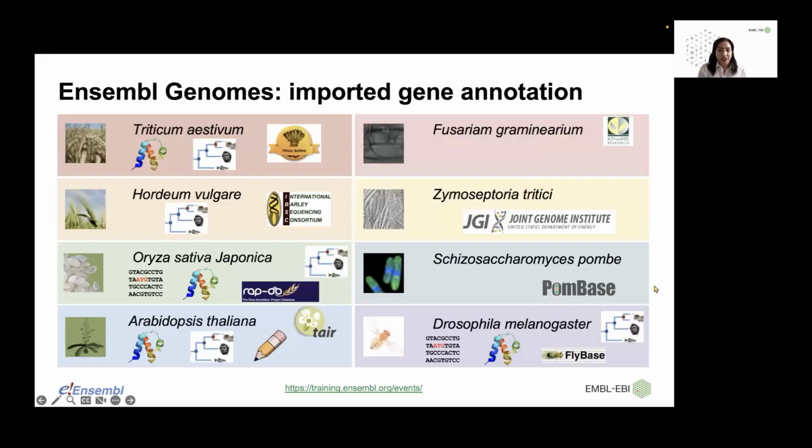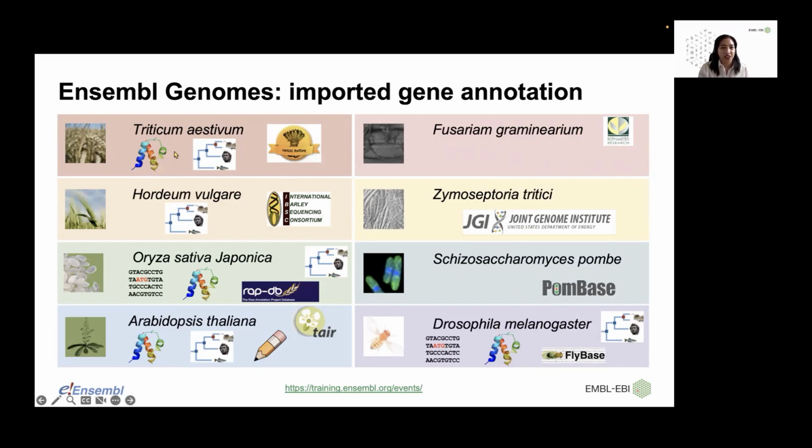So we import data for each assembly in the Ensembl Genomes site from different databases. For example, for Fusarium, we take genome annotation information from Rothamsted Research. This is an institute in the UK.